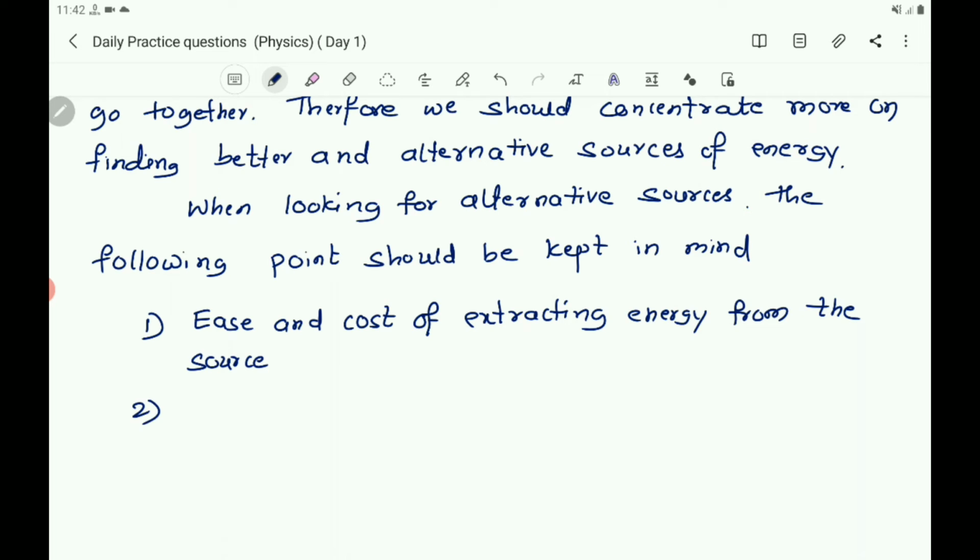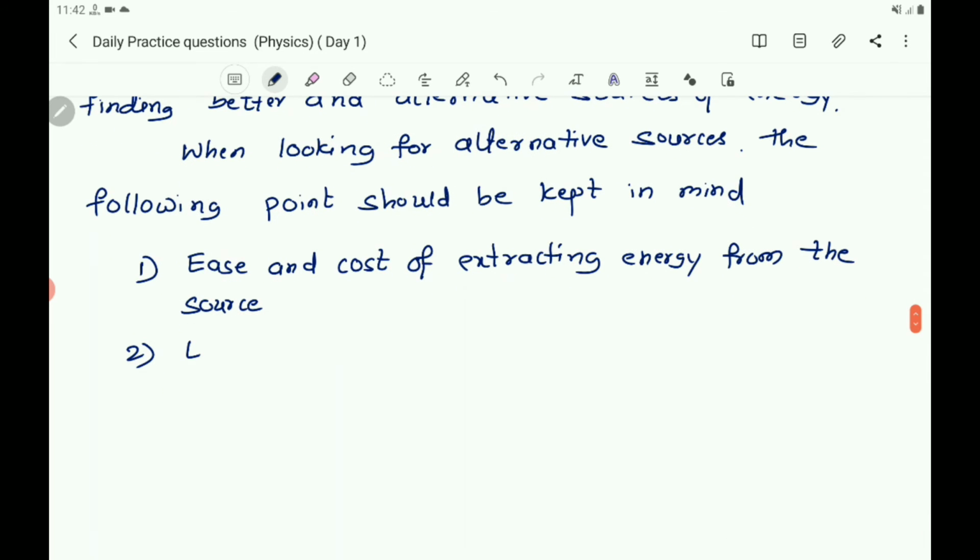Second, the efficiency of the available technology.